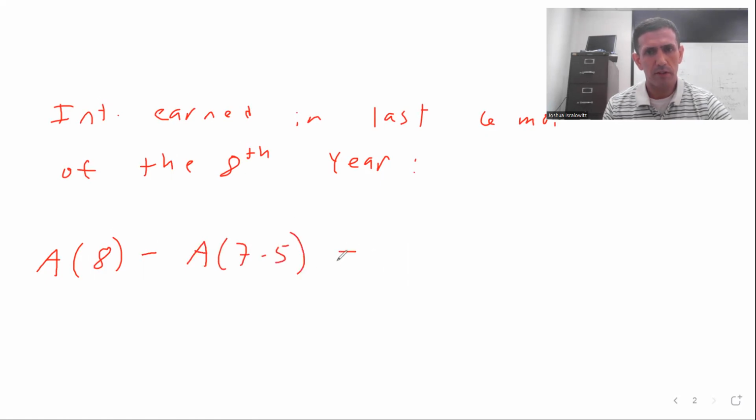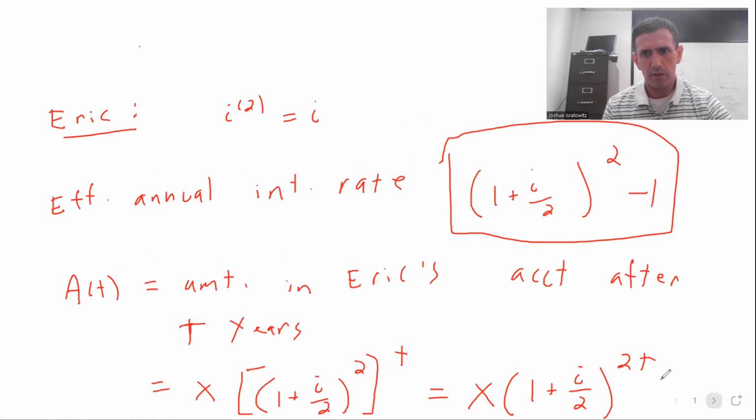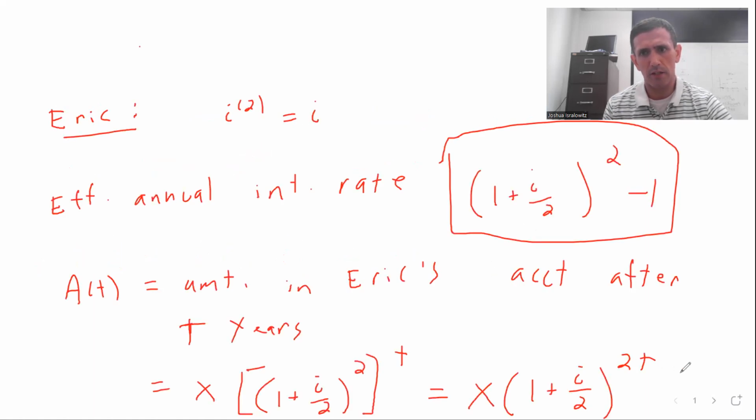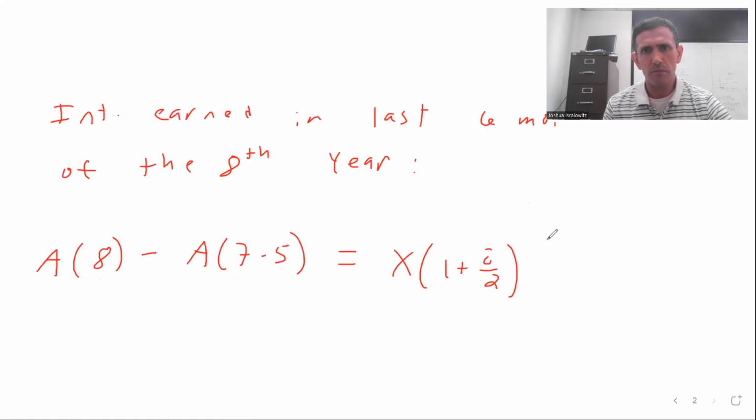Okay. So this is going to be, just plug in here, X times 1 plus I over 2 to this 2 times 8, which is 16, minus 7.5 times 2, which is 15.